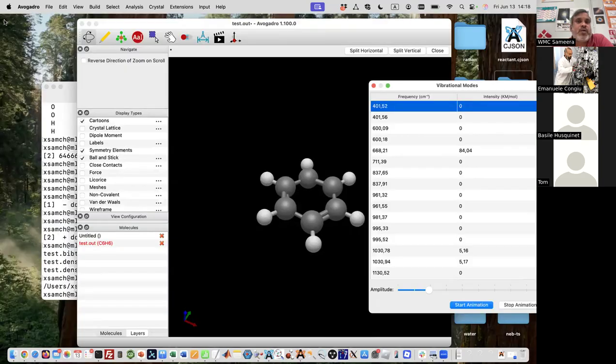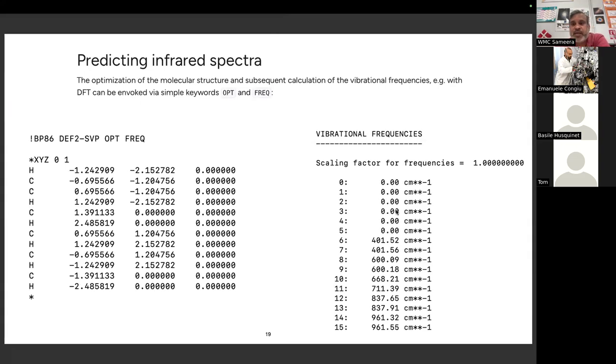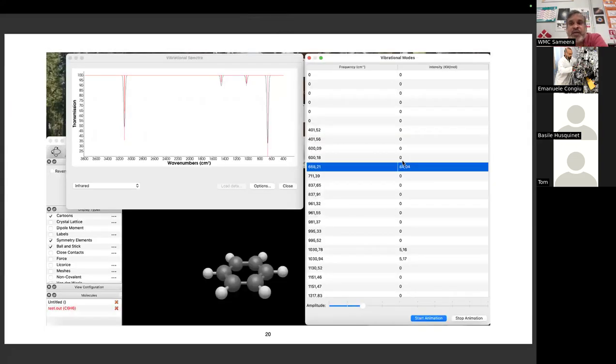So okay, it is very simple, and you can interpret your infrared spectrum.